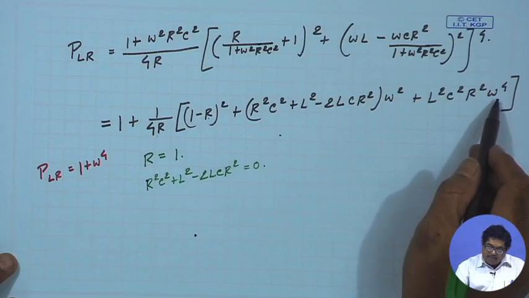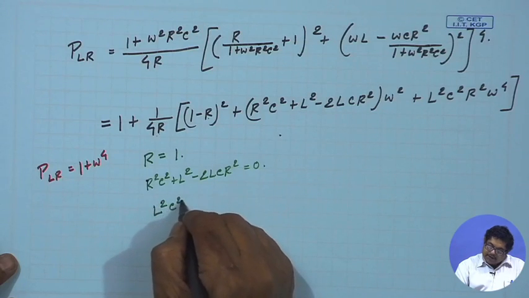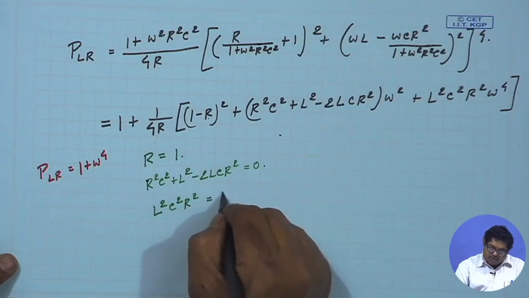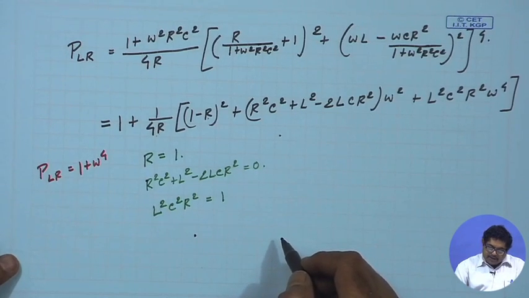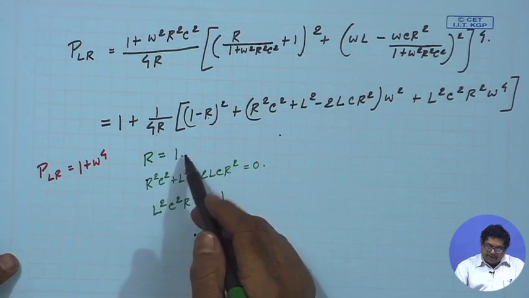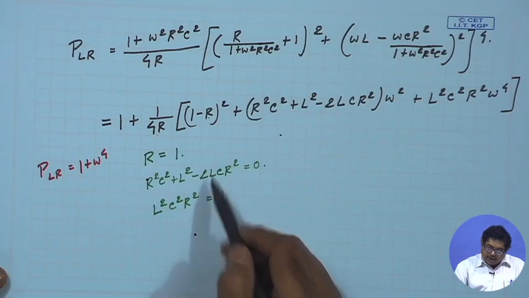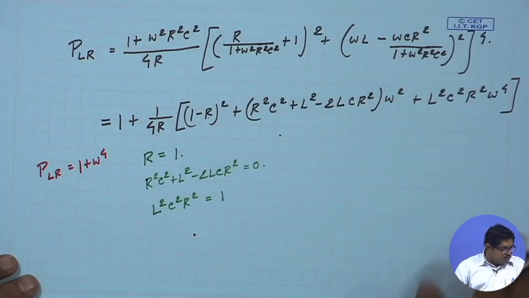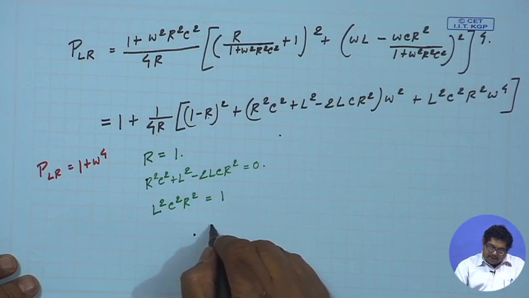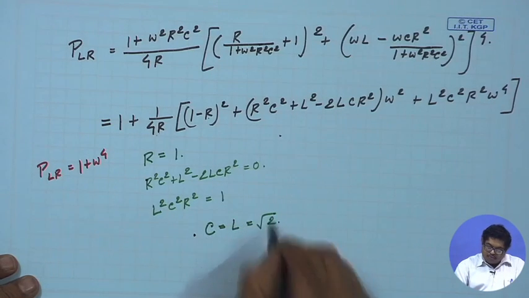And by comparing omega 4th, I can see that L square c square r square should be 1. So these are the three equations. r is already solved, so I can put in these values. I have two equations and need to solve for L and C, which I can do, and if you do that you get C is root 2, L is root 2.